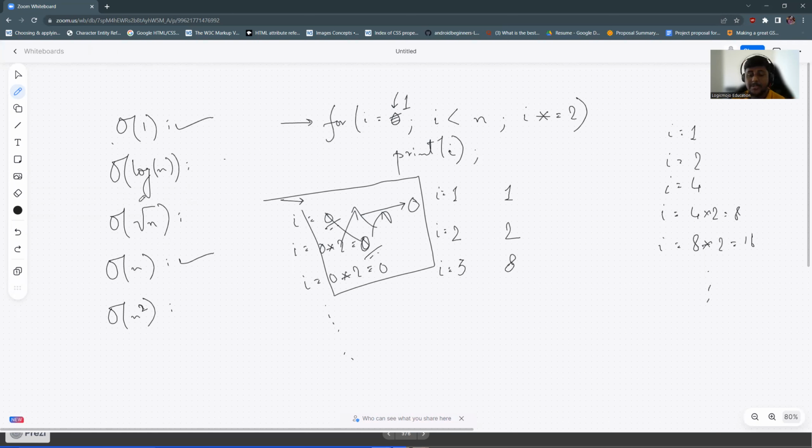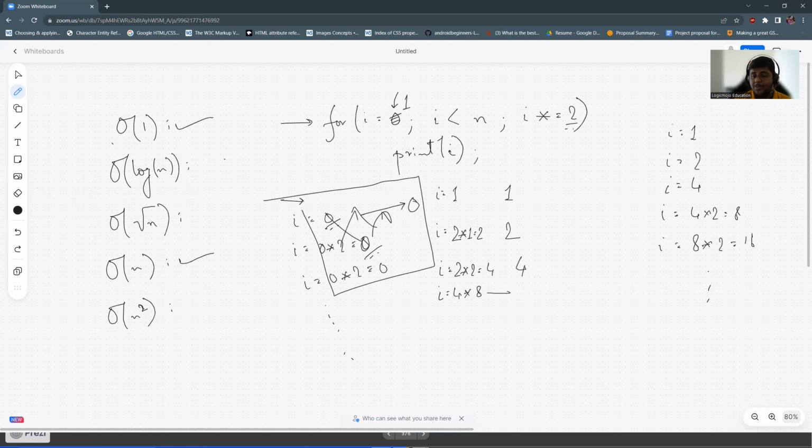Sorry, this was 2 cross 1, right? Which is equal to 2. So it printed 2. Next time again, it didn't get incremented, it got multiplied by 2. So now it's 2 cross 2, which is 4. So this is 4. In the next iteration, it becomes 4 cross 2, which is 8.